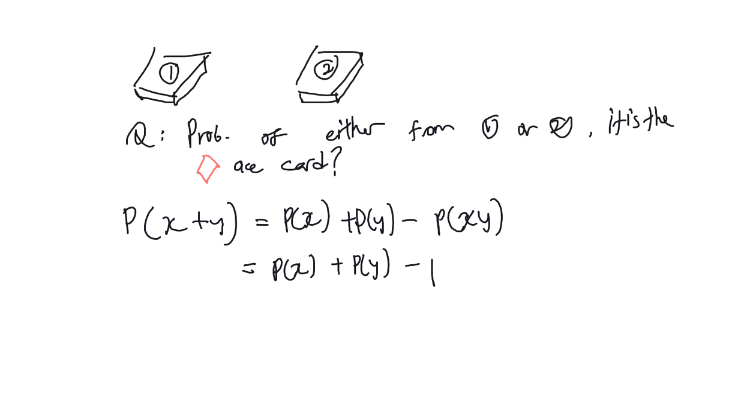So it is just the probability of X times the probability of Y.